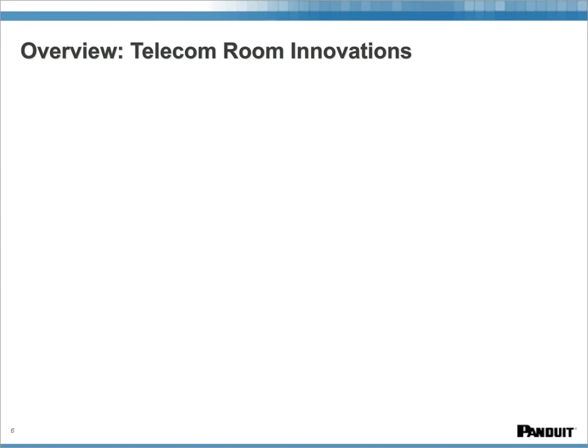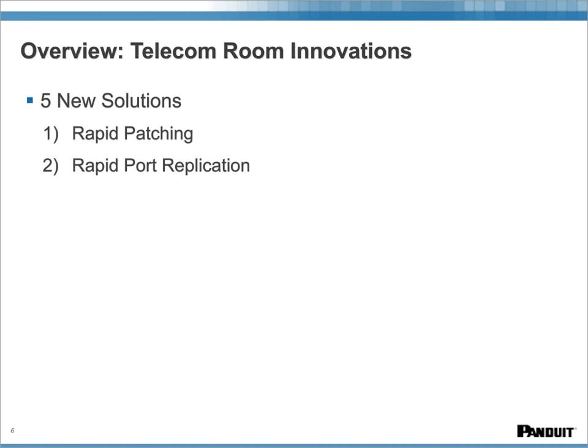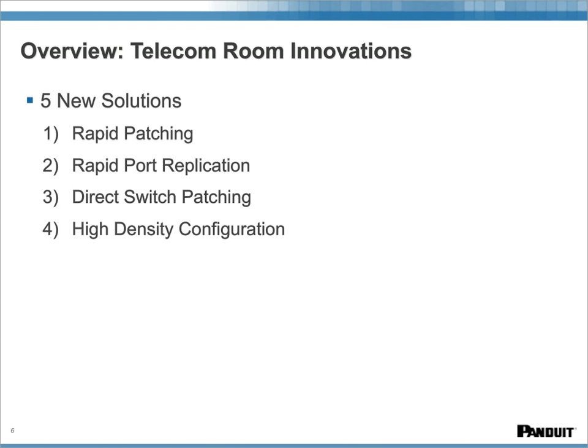I mentioned 5 new solutions. Those 5 are the following: rapid patching, rapid port replication, direct switch patching, also known as one-to-one patching by some in the industry, high-density configurations, and vertical patching. Now, I'm sure you're asking for some or maybe all of these, what are those?